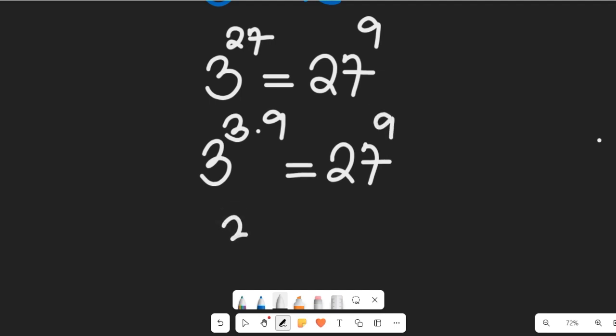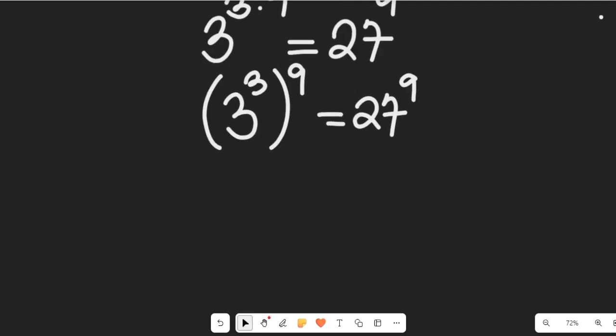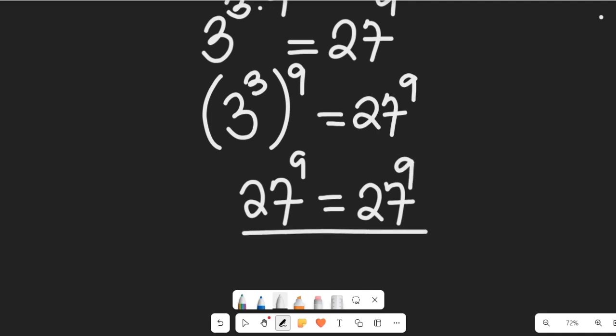Now this can give me 3 times 9, 3 squared, which is 27. So I'll have 27 to the power of 9 equal to 27 to the power of 9. So that tells me that the expression is correct.